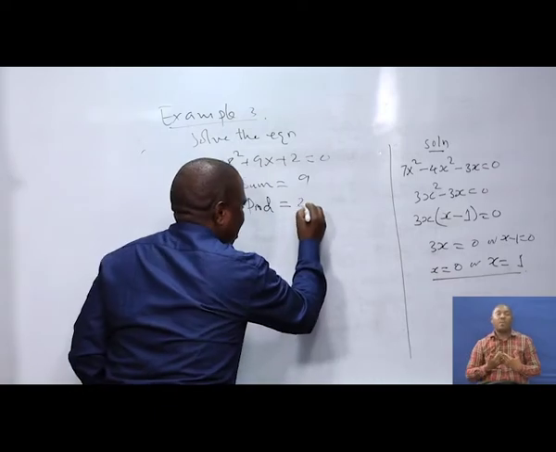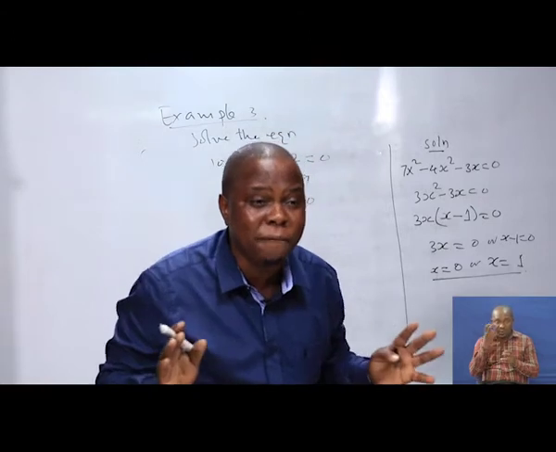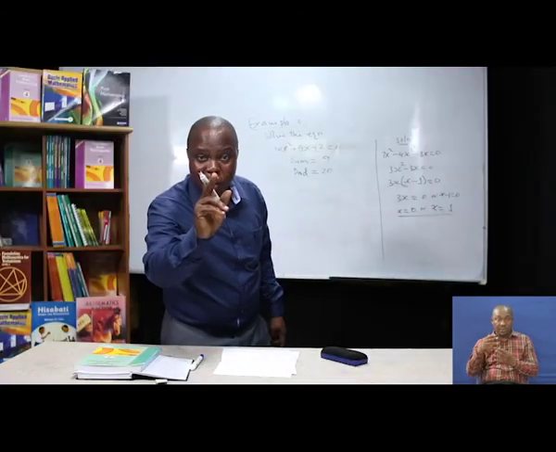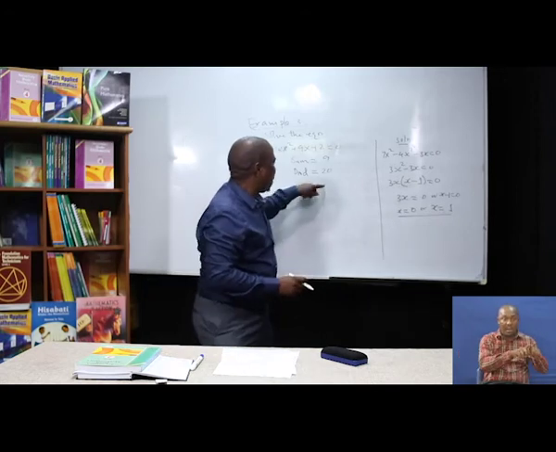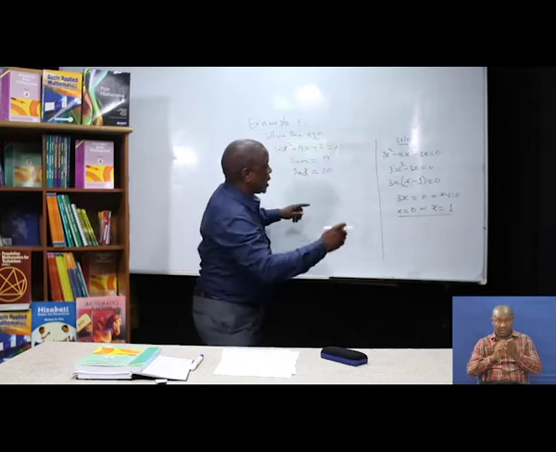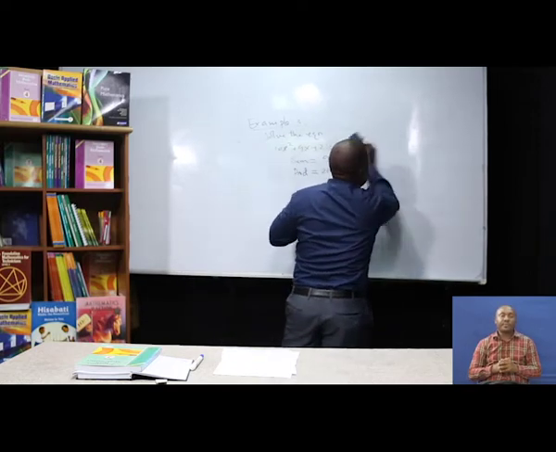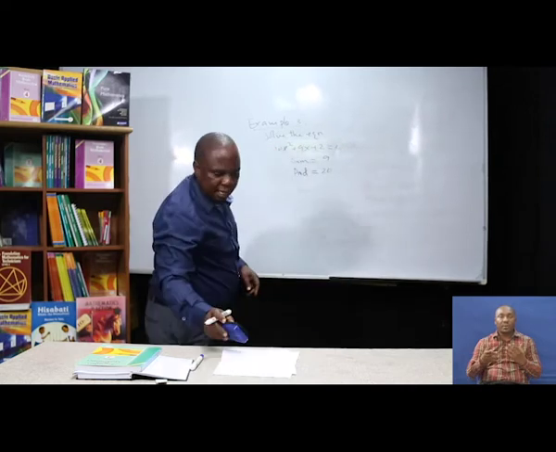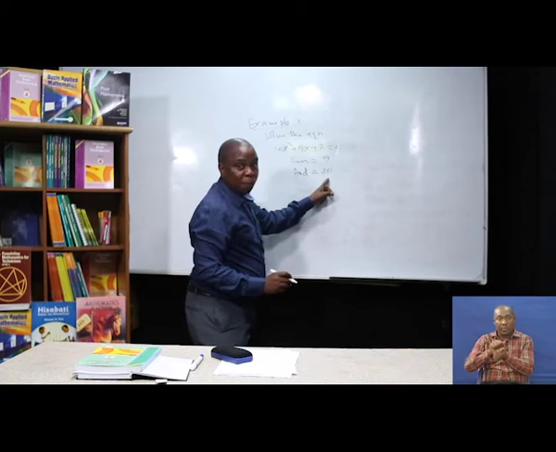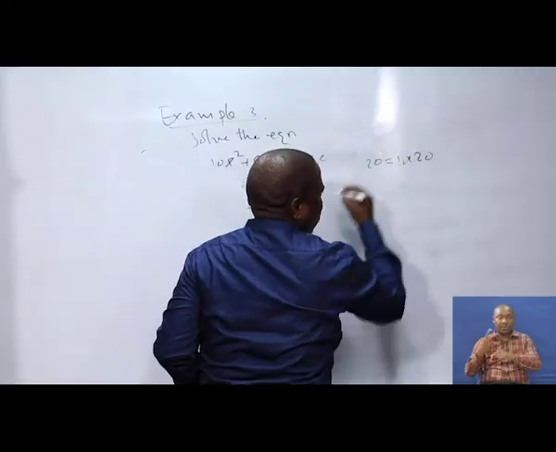That is 20. Now, the best way of finding those two numbers, there are very many numbers whose sum is 9. But the best way is by choosing a pair of the factors of this 20. Let me write here to show you. You can even also do it somewhere on your lap as you are working. We need one pair of two numbers whose product is 20. 20 can be written as 1 times 20.